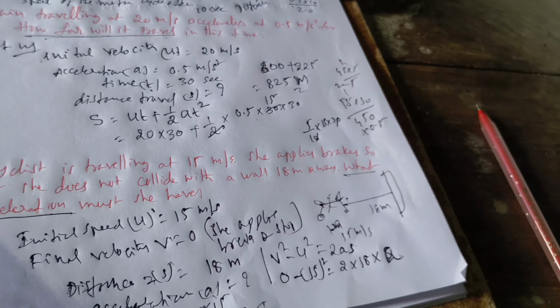So simplify it. 15 by 2 into 18, that means 3 5s are 15, 3 6s are 18.